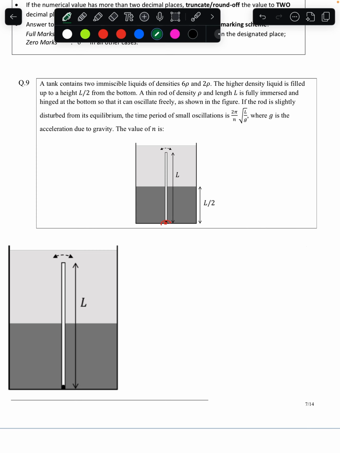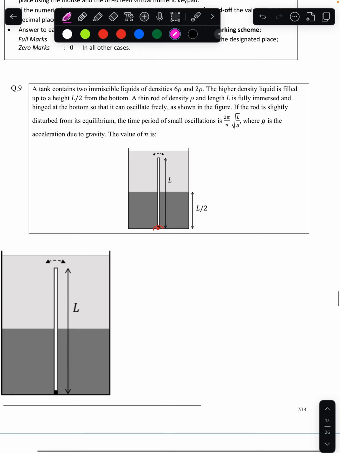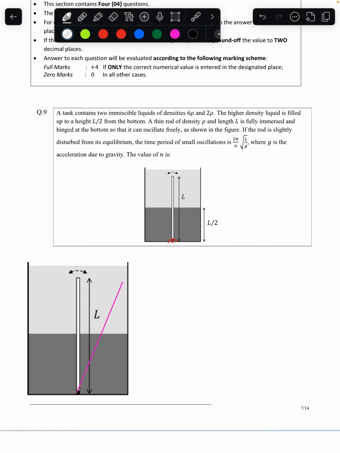Here what I will simply do is consider that the rod is tilted here, right? And there are two buoyant forces acting on this.